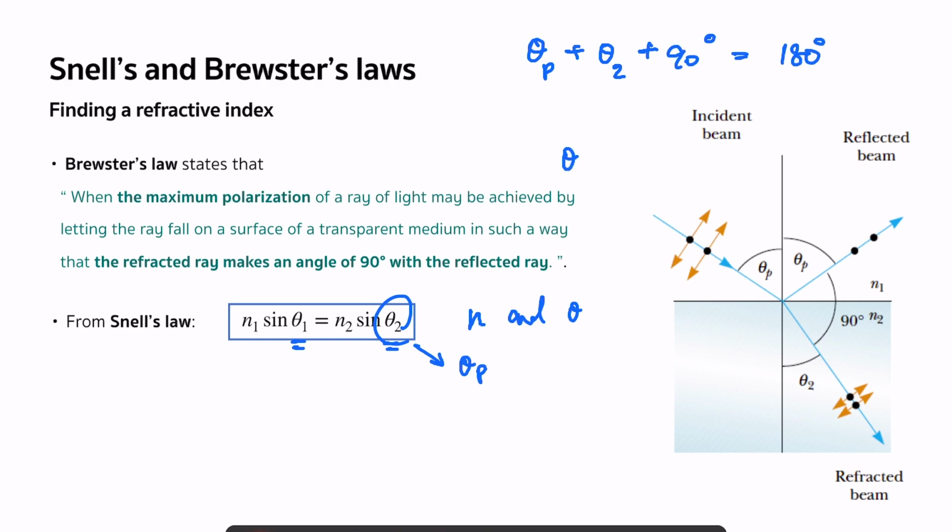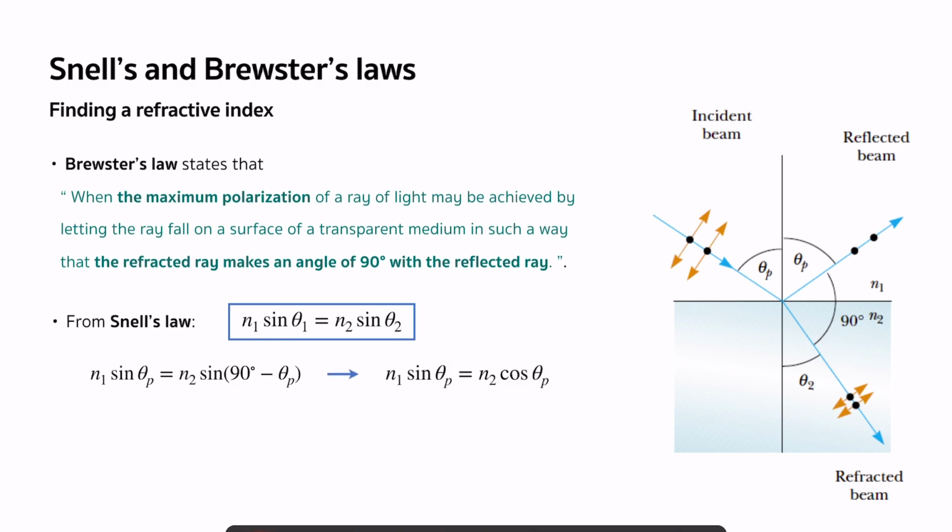So one can write theta 2 as 90 degrees subtracted by theta p. So we got this equation, and from this, sine of theta 2 will become cosine theta p.